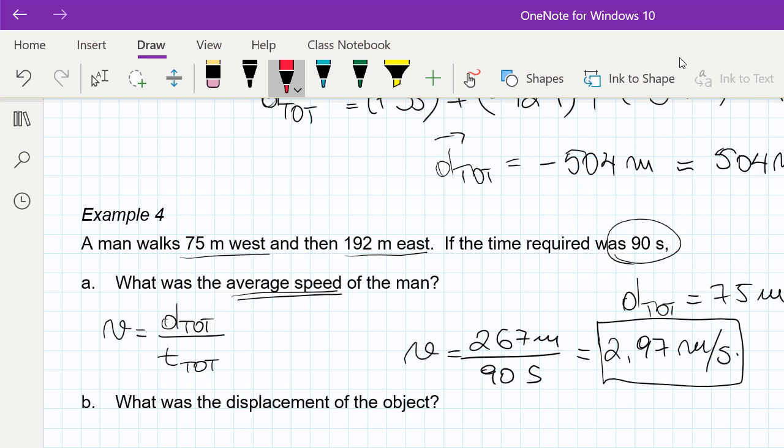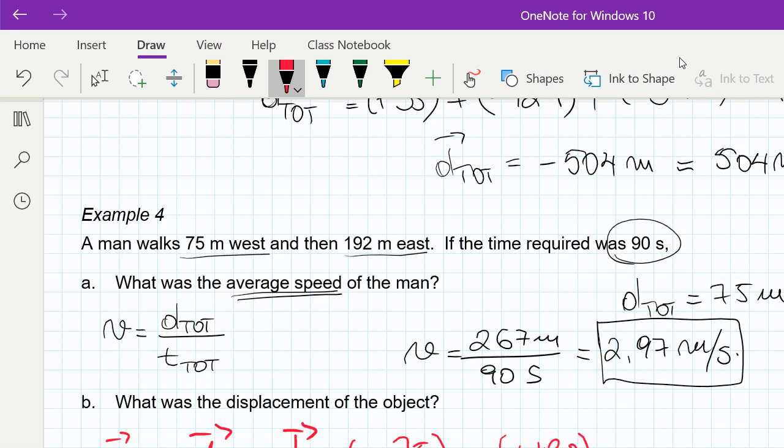And now, what is the total displacement? So we have two motions here, D1 plus D2. Going west will be negative, so negative 75, plus going east will be positive 192.